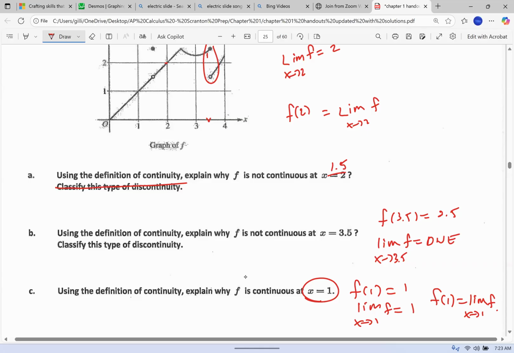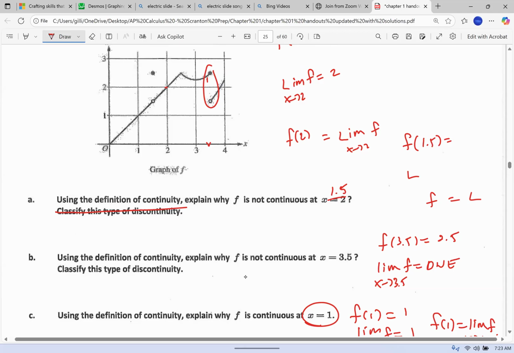So again, we'll do the function value, the limit value, and the comparison of those at 1.5. So at 1.5, I'm getting a y value of 2.5 here, I would say. So lots of decimals in this one. And as we approach 1.5 of f, we do see that our behavior is pretty much the same from the right and the left, but that value for y is about 1.5.